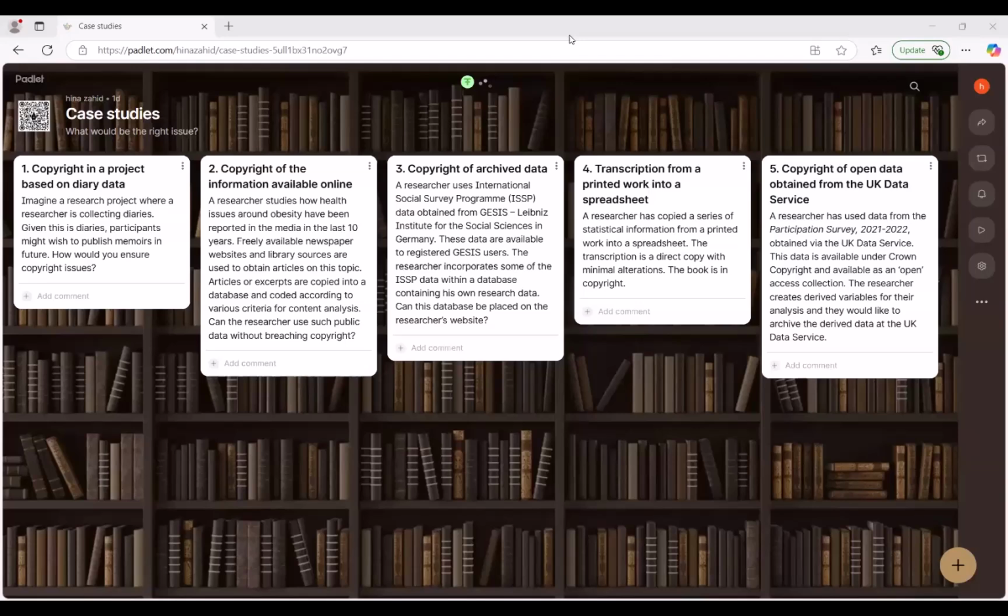Just feel free to write whatever you think would be the right issue in each context, and we will discuss it at 10 past 11.